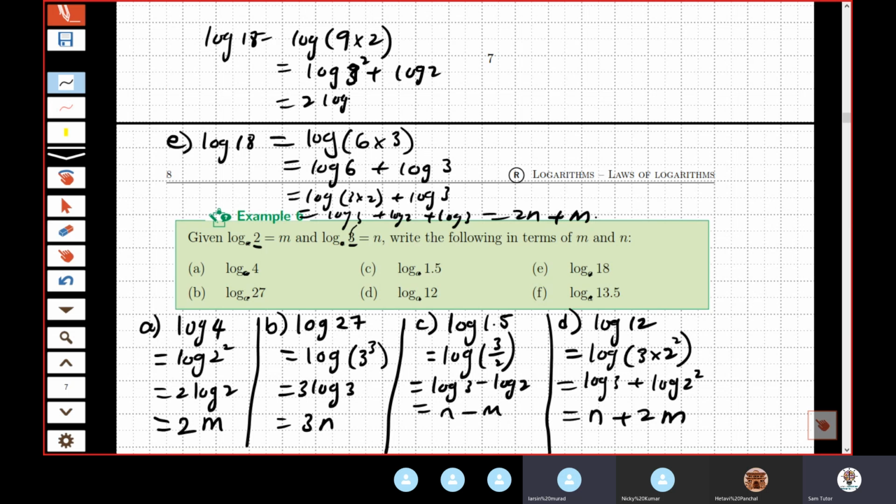I get 2 log 3 plus log 2. Log 3 is n. My answer is 2n plus m. So it doesn't matter what factors you're picking. I think that's what you're asking. 9 and 2, 6 and 3. It doesn't matter. It's just, are you happy with 6? Well, not really, because you can't even bring in your m and n. So you've got to keep going.